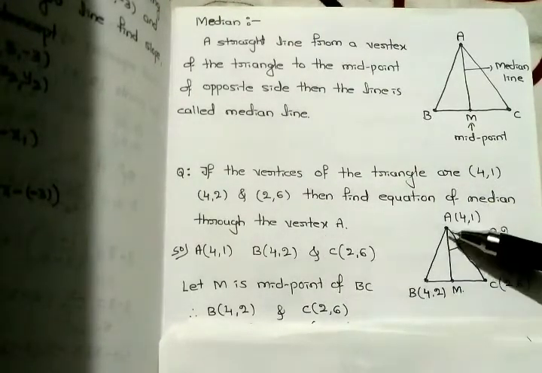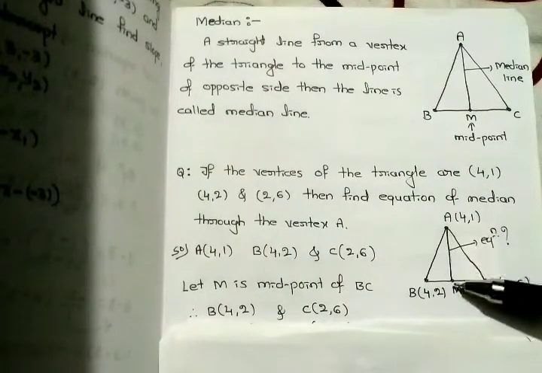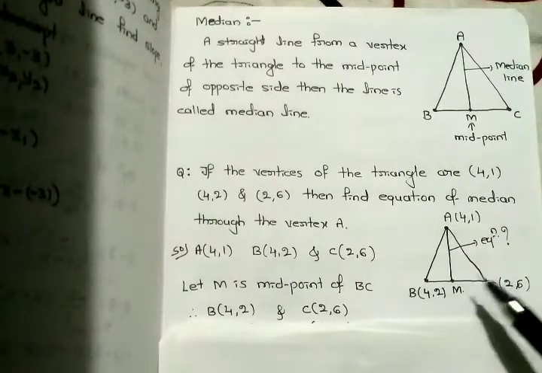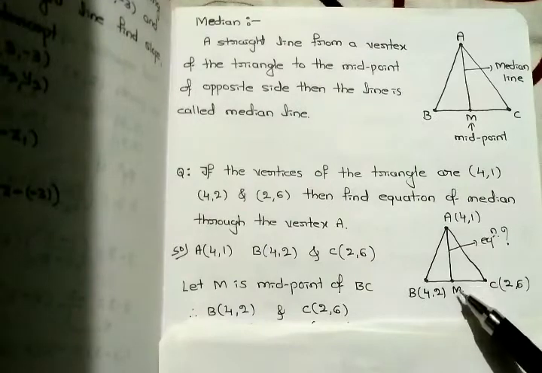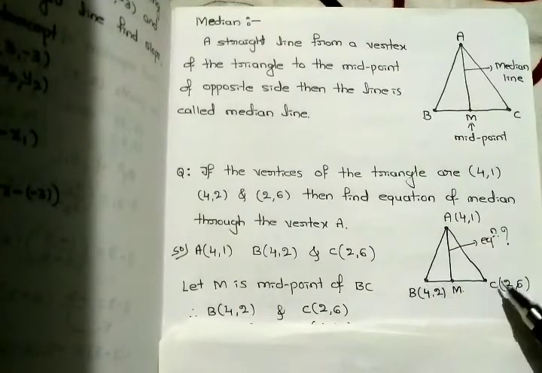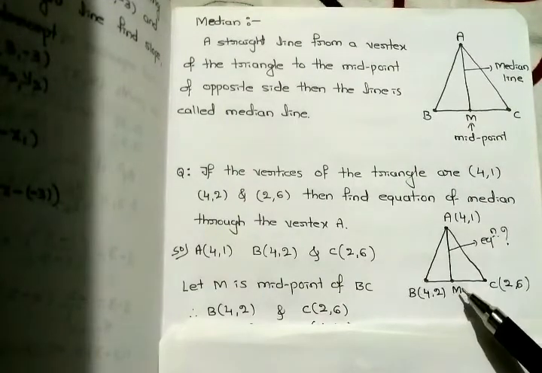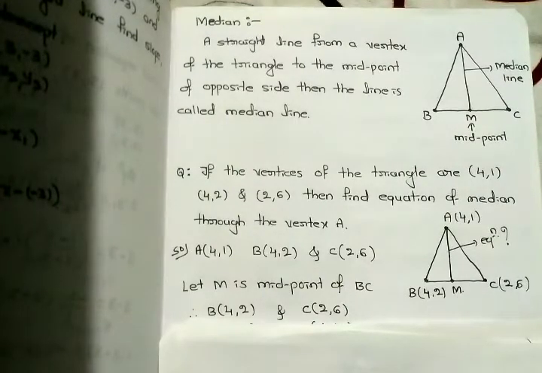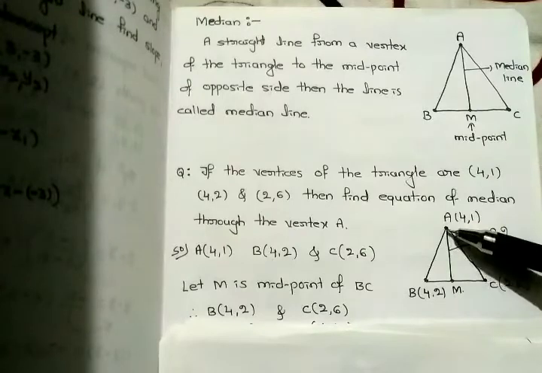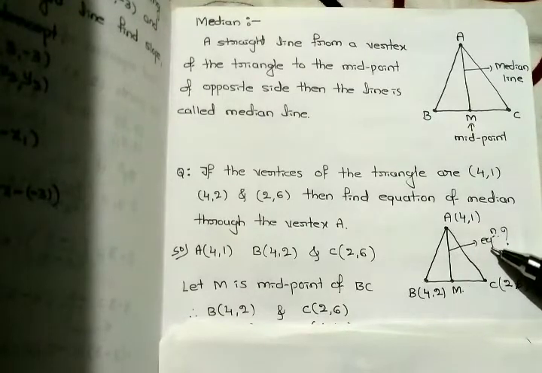Therefore, from the vertex A I am going to trace one straight line. This point I am going to call M, because this is the midpoint of which line here? BC. Next, we need this line equation.